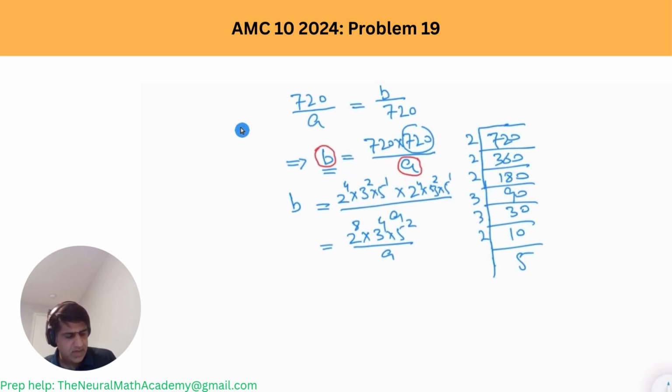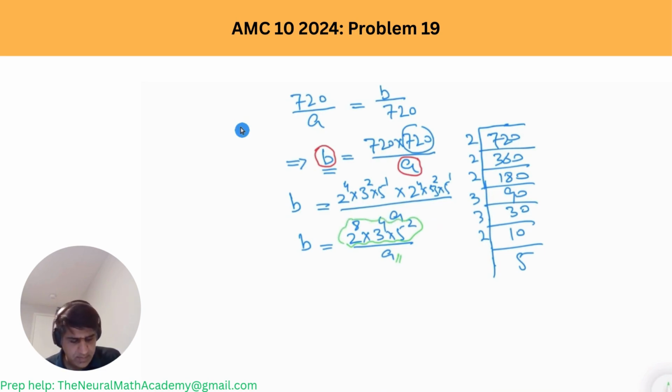Once I have written it in this form, now all I have to do is some experimentation. With the experimentation, I have to find the largest possible value for this combination but less than 720. The condition that needs to be met is that this value should be a multiple of a.